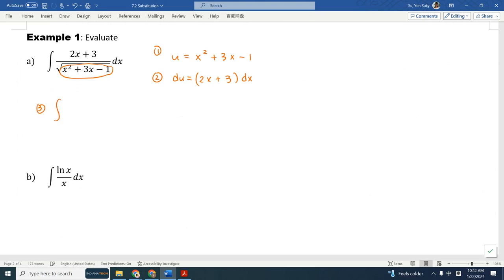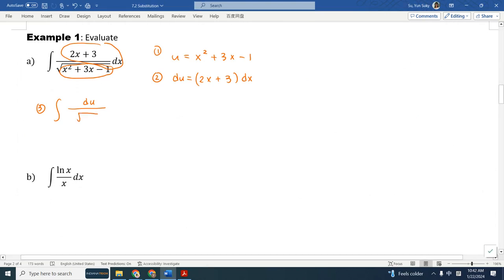Let's see. Numerator. 2x plus 3 times dx. That is 1 du, right? So the numerator is du. How about denominator?